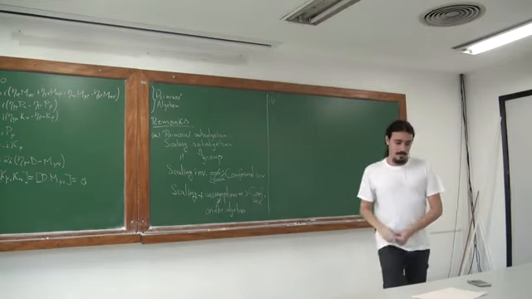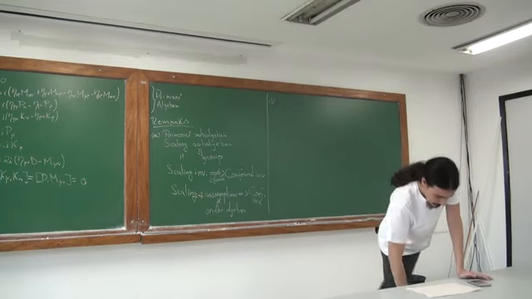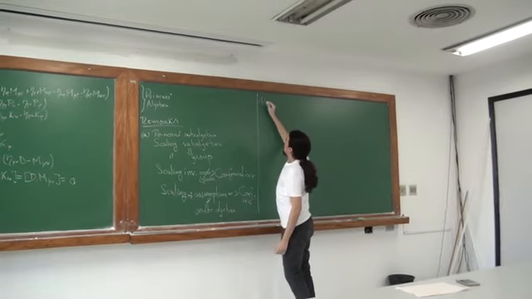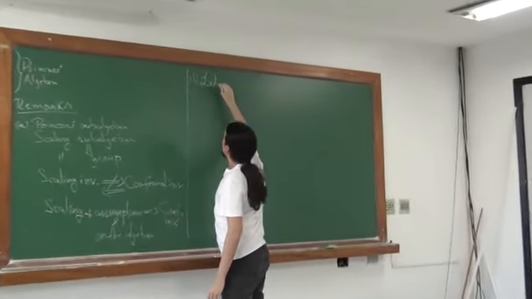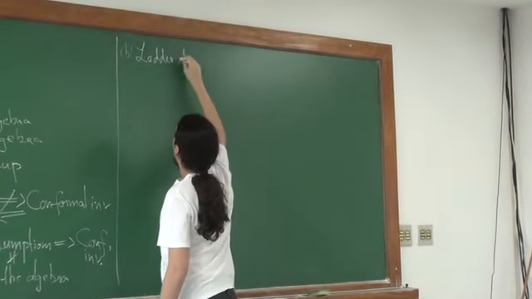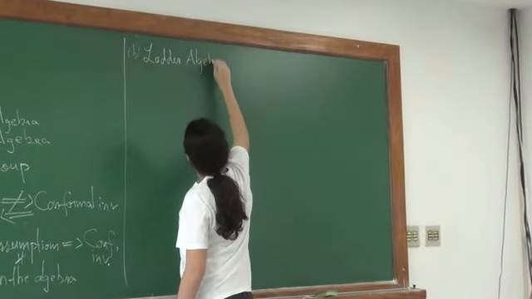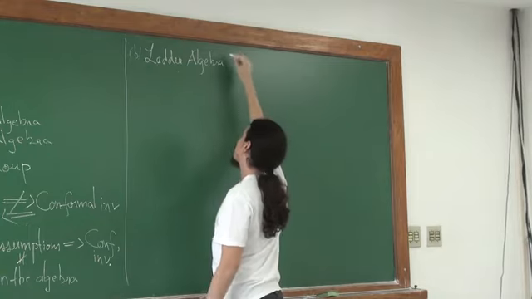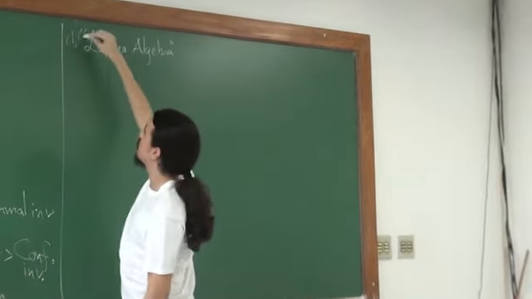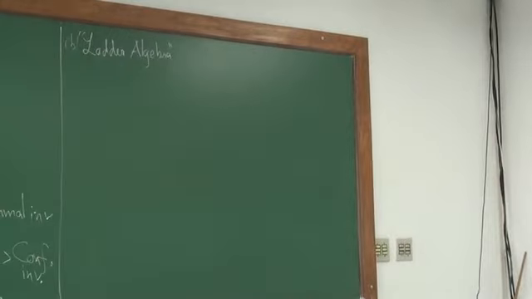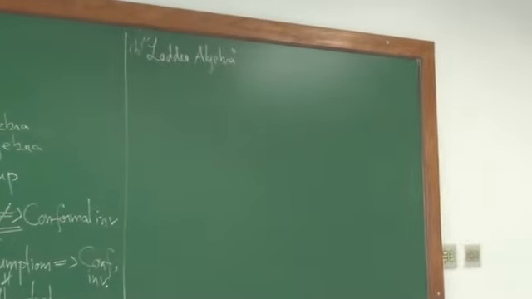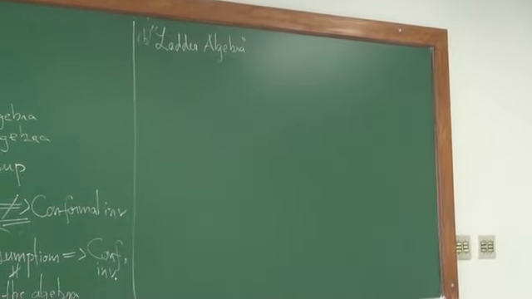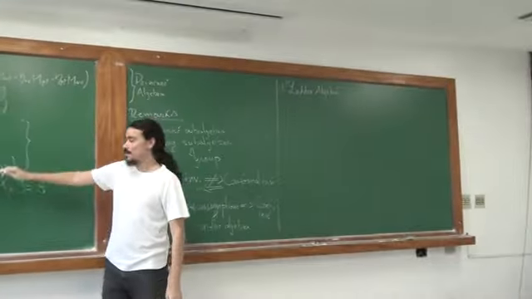Nope? So the next remark is to notice that there is a ladder algebra. What I mean is, look at these three commutation relations here. Just forget about the other generators. Pretend they're not here.